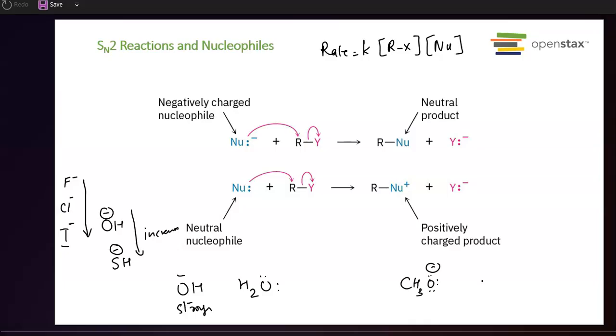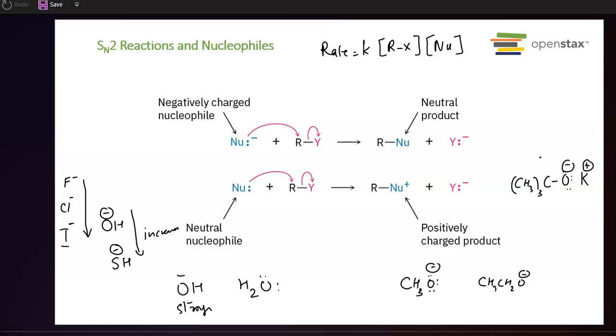There is another nucleophile which is ethoxide, CH3CH2O minus. This is methoxide. However, if you look at t-butoxide, this is the structure of that, (CH3)3C connected to O minus, and generally it has potassium as its counter ion.